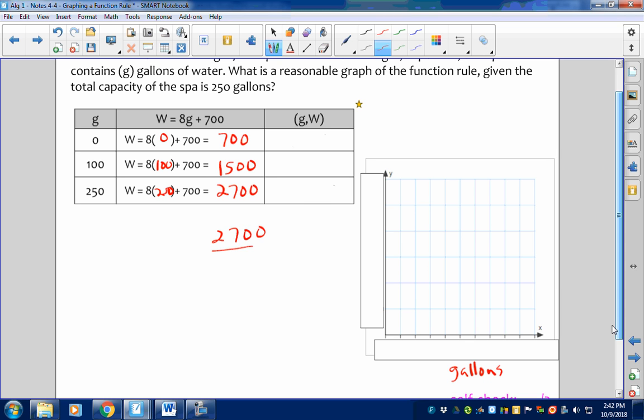Wait, but this isn't linear. It is linear. Look at the equation up here. Is it g to the first power? Well, it is. We haven't talked about it yet. If there's no power written on it, it's assumed to be g to the first power. It means it's linear, of the form mx plus b. Wait, but it doesn't go up to... That's because of the value we chose here.